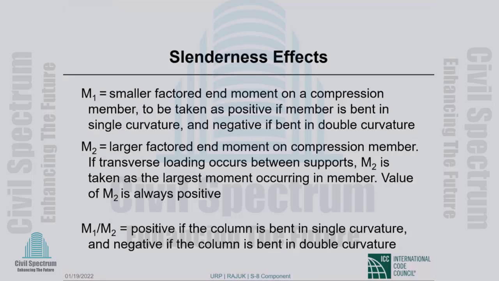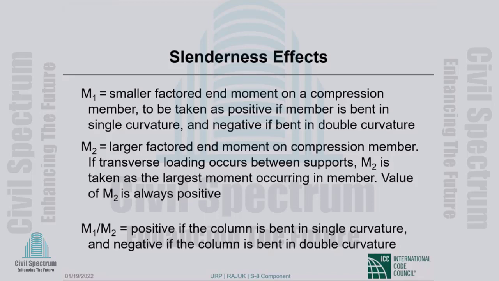M sub 2 then is the larger factored end moment on compression member. If transverse loading occurs between supports, if there is a transverse load between the ends of a column, which is unusual, M sub 2 is taken as the largest moment occurring in the member, then it may not be the end moment.